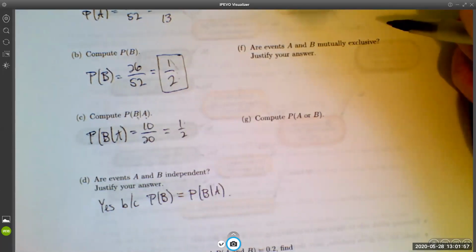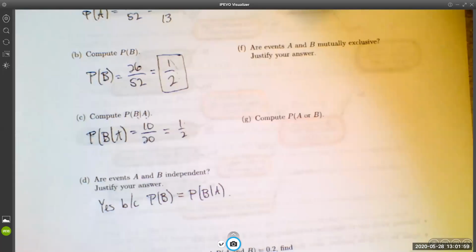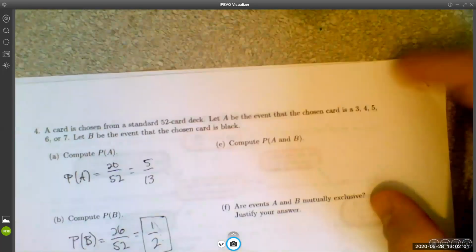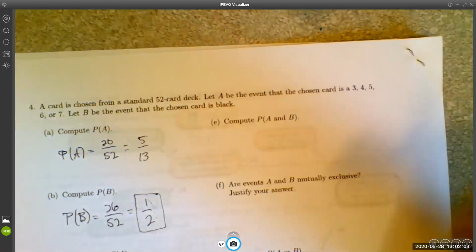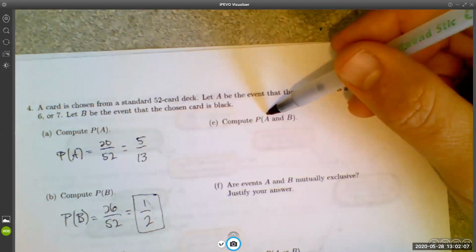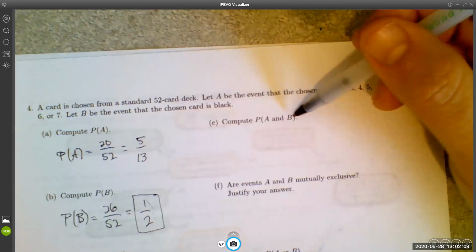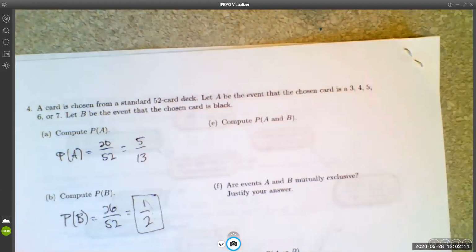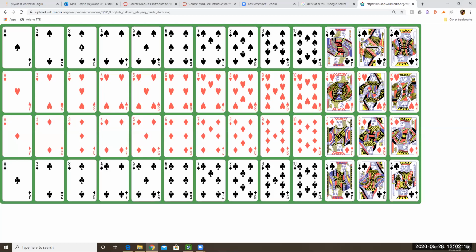Okay, so there's that one. Now part E asks us to compute the probability of A and B. So now we want the probability that we choose a 3, 4, 5, 6, or 7, and that the card is black. So there are 10 of those cards: 1, 2, 3, 4, 5, 6, 7, 8, 9, 10.